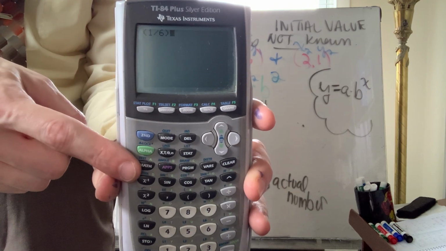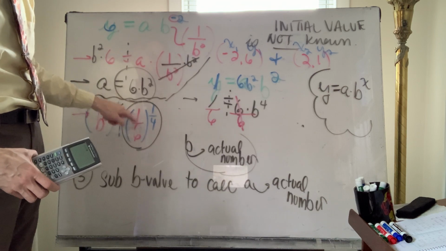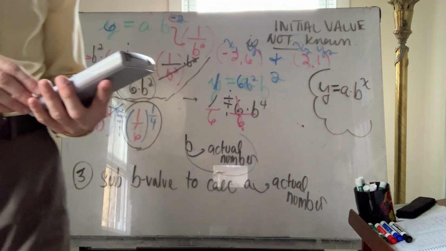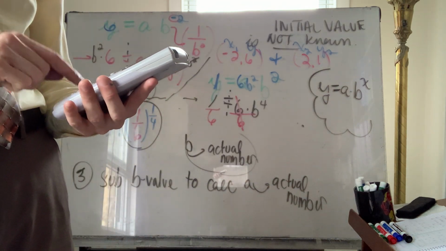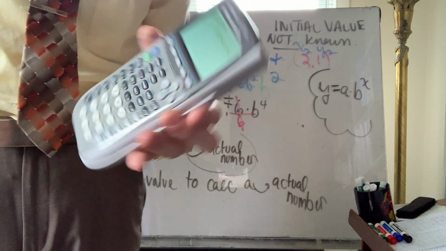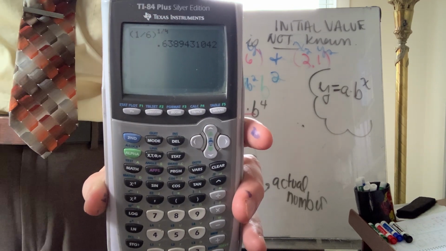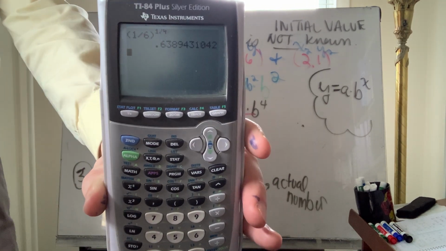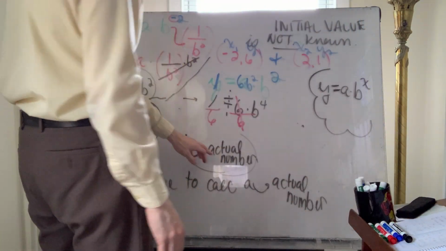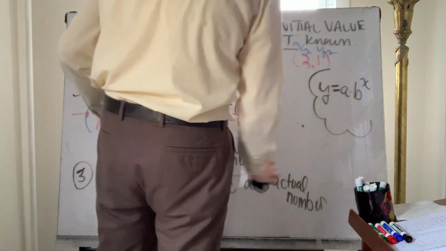I personally love to do it in the intuitive, rational style, but maybe this is just quicker. And this is the figure that you get: 0.63894, rounded to say 4 decimal places. An actual number, a crummy number maybe because it's a decimal, but it's still correct.